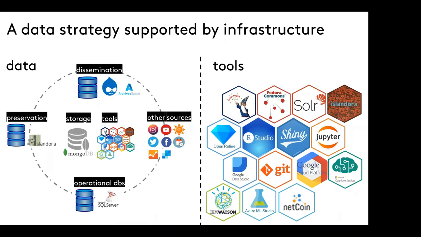And for that, we use things like RStudio Server, so that we can share our code and work on the cloud. We have Shiny to do visualizations. Jupyter notebooks we use to document our different analyses and to test different things. We use Google Data Studio for visualization, Git for versioning, and then there's a range of artificial intelligence services that we plug into to run different tasks that I'll be telling you more about.